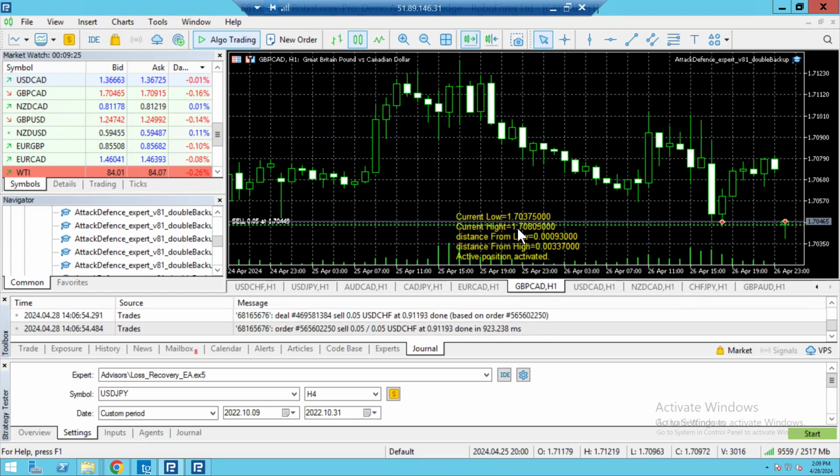The current high is 1.708. Distance from low is 0.0009. Distance from high is 0.0033. Which means the market is nearer to the low than to the high. So according to this information, the market is a sell market for now.